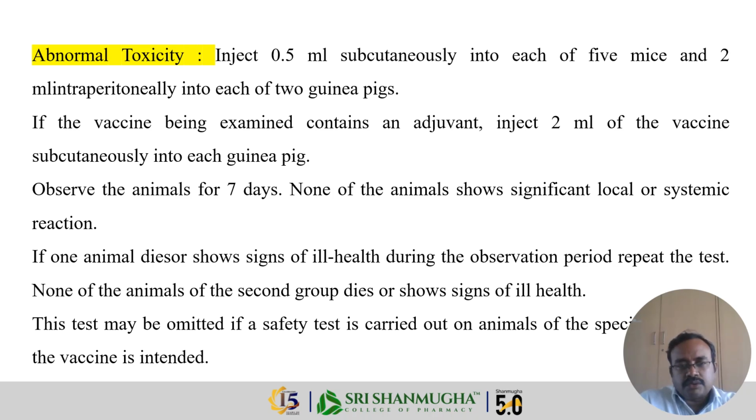None of the animals should show significant local or systemic reaction. If one animal dies or shows signs of ill health during the observation period, repeat the test. None of the animals of the second group should die or show signs of ill health. The test may be omitted if the safety test is carried out on animals of the species for which the vaccine is intended.